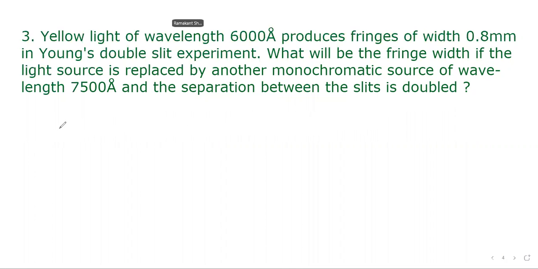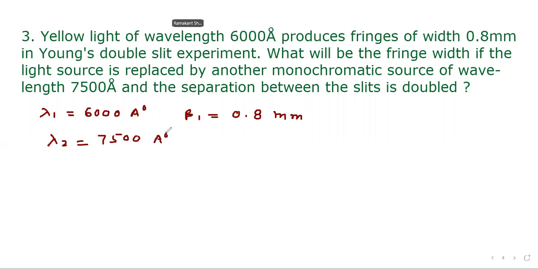So in this case, we are given lambda 1 equal to 6000 angstrom and beta 1 is given as 0.8 millimeter and lambda 2 is given as 7500 angstrom. Now we have to find out beta 2.